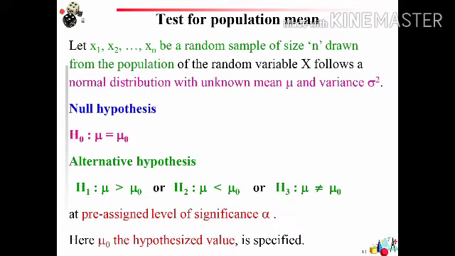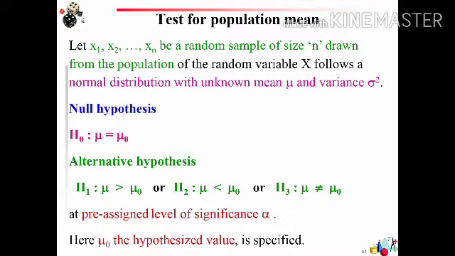Test for population mean: let x1, x2, ..., xn be a random sample of size n drawn from a population of the random variable x, which follows a normal distribution with unknown mean mu and variance sigma squared.